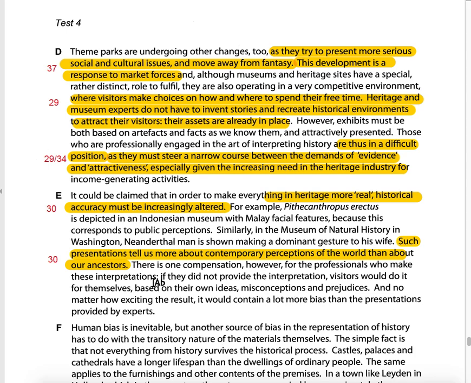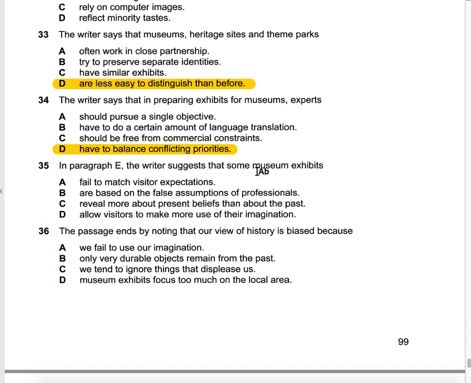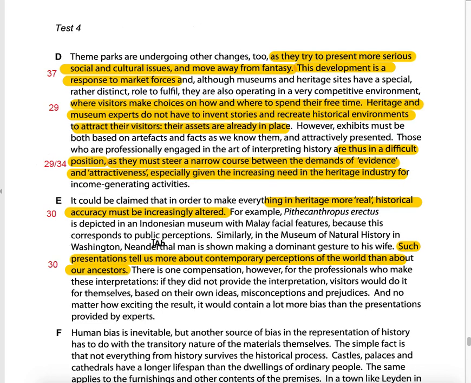Now, look at 35. The writer suggests some museum exhibits fail to match expectations. Imagination. So it sounds to me, if I see here, such presentations tell us more about contemporary views. So these presentations about the museums now tell us about contemporary views.